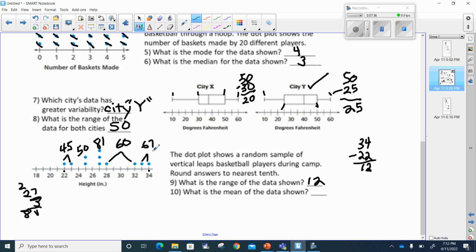Now we've got to add all these together. I'm going to put 50 and 60 together first. That's 110. Then I'm going to take 45 and 81 and put them together. 5 and 1 make 6, and 1 and 4, or 8 and 4, make 12.